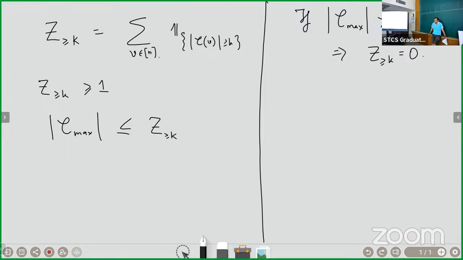Because if it is not 0, then there exists at least one vertex which has a connected component of greater size than C max. And C max will not be giving something like C max plus 1, something more.